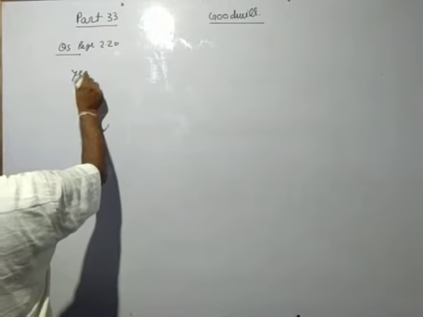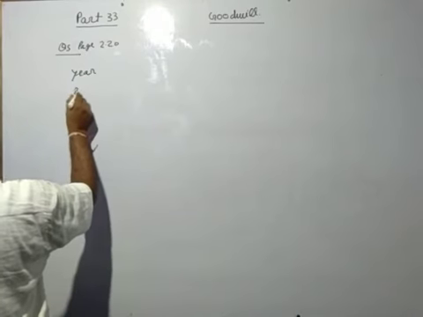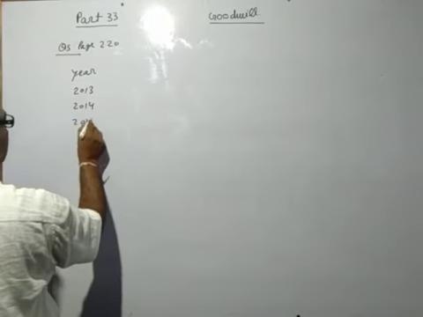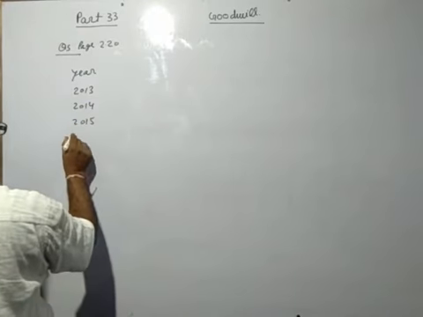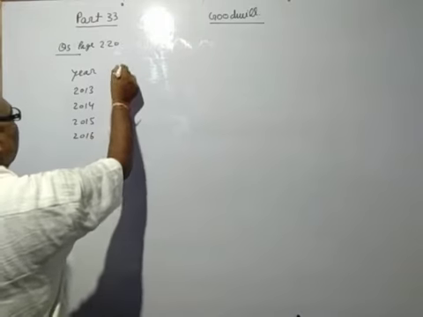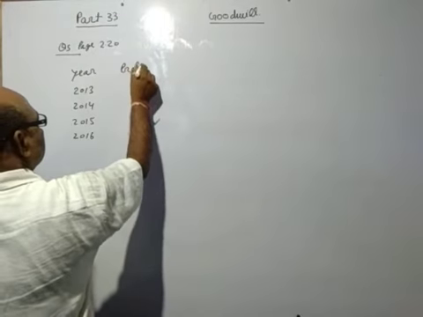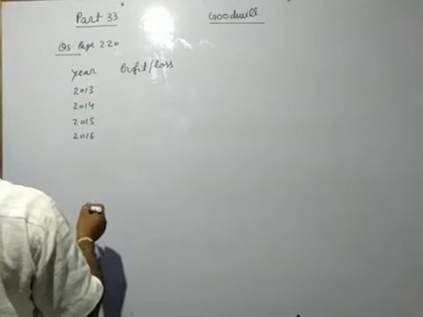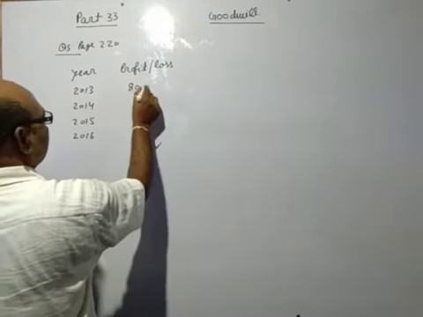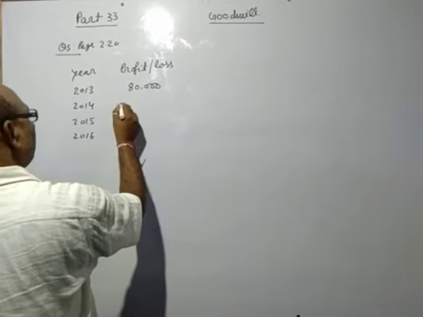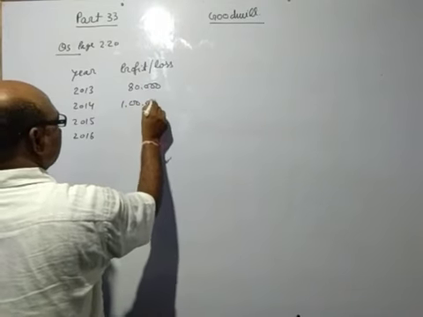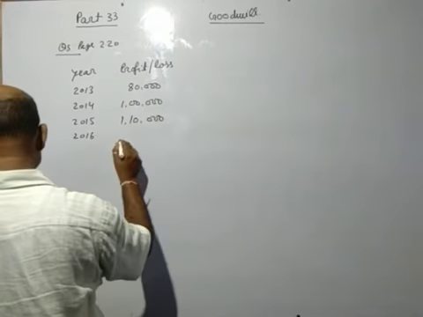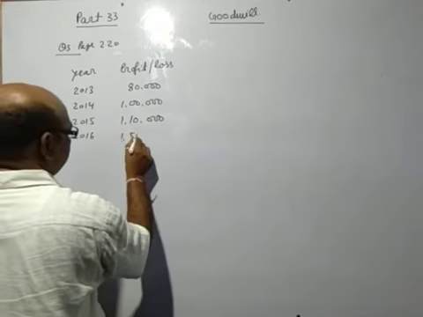One column you will write the year: 2013, 14, 15, 16, and profit, that is given: 80,000, 1 lakh, 1,10,000, 1,50,000.